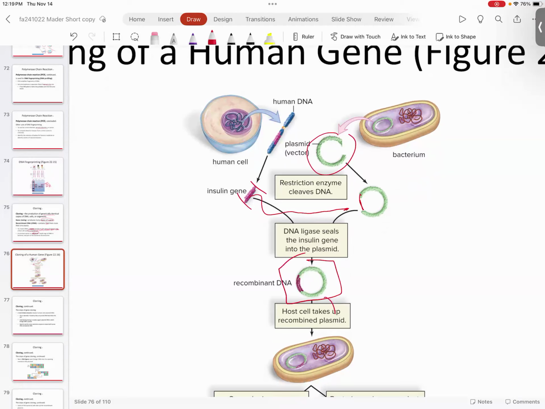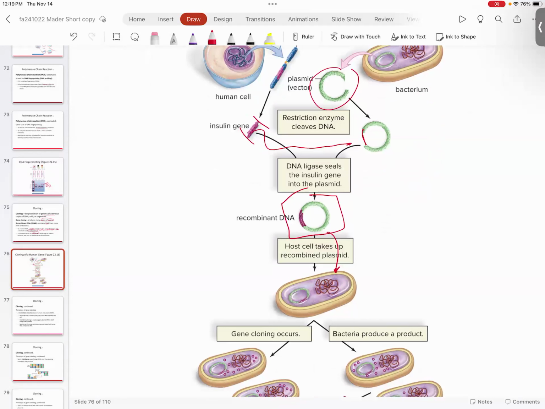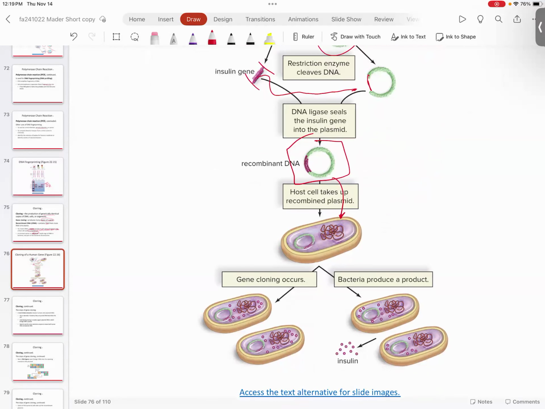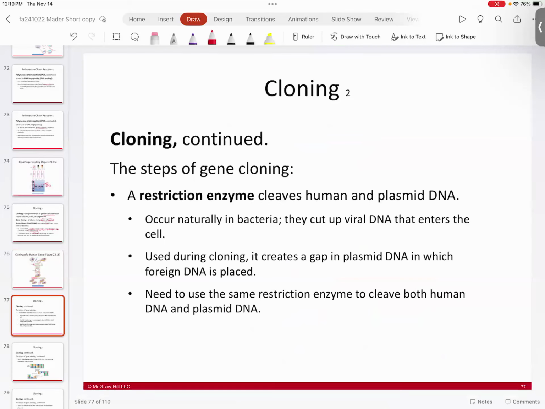We can introduce that new plasmid into a bacterium, and from here on out, the bacteria will propagate and amplify our gene of interest. It will also make insulin. So we can either clone the gene by allowing the bacteria to propagate it, or we can have the gene make insulin. Both of those can be quite useful.